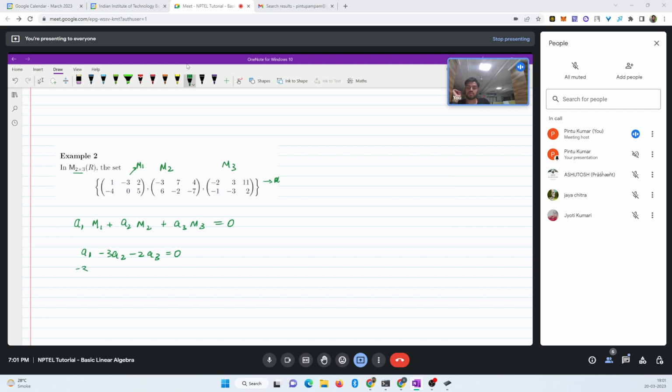The second entry gives minus 3 A1 plus 7 A2, and then this entry would give me plus 3 A3 equal to 0. I'll take the third entry only: 2 A1 plus 4 A2, plus 11 A3 equal to 0.